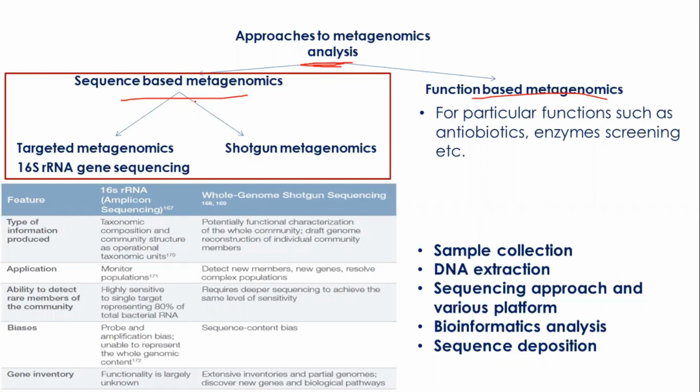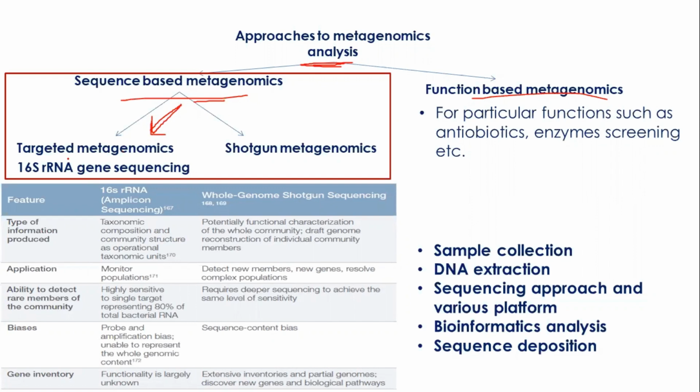In sequence based metagenomics, we try to utilize the sequence we are generating for the biodiversity study, mainly for the biodiversity study. Two different kinds of metagenomics can be thought of.